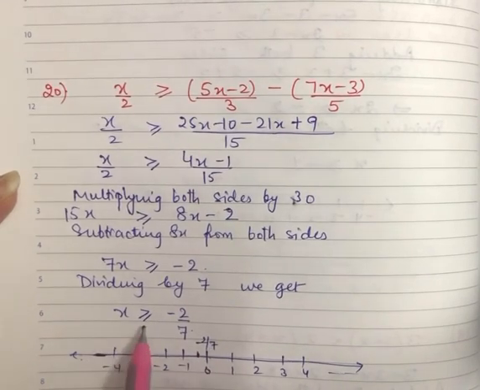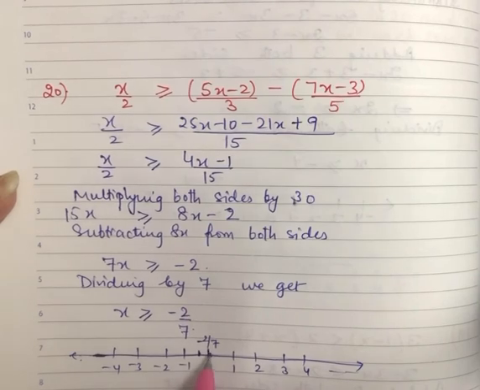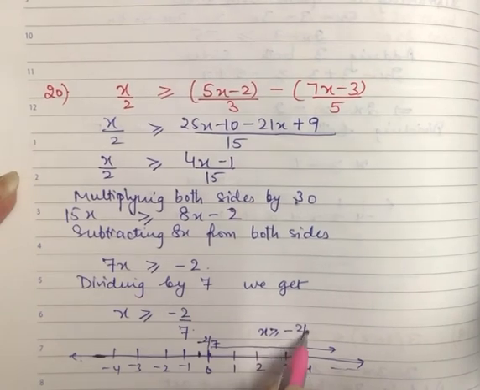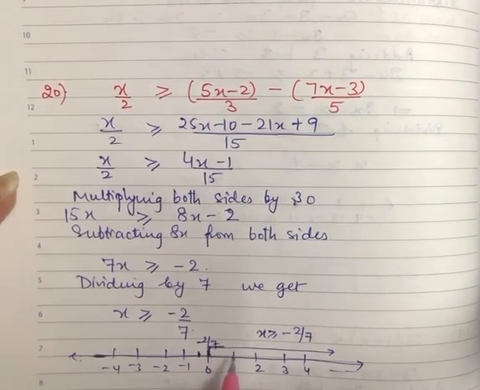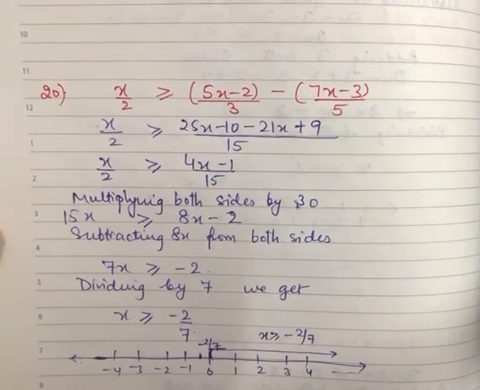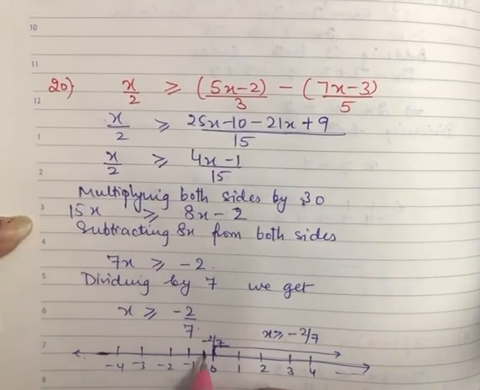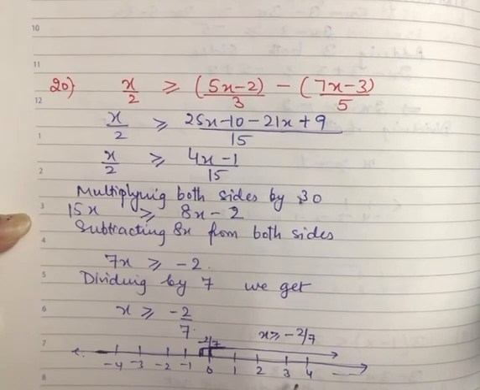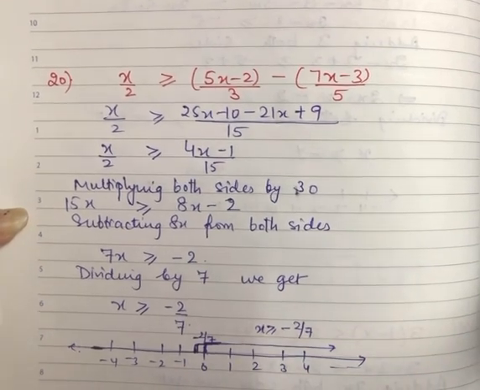So it is greater than equal to minus 2 by 7. So values from minus 2 by 7 and greater than minus 2 by 7. Minus 2 by 7 is included. So this is the required graph. So this completes the 20th question.